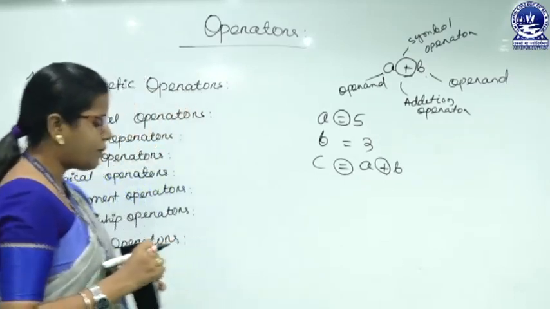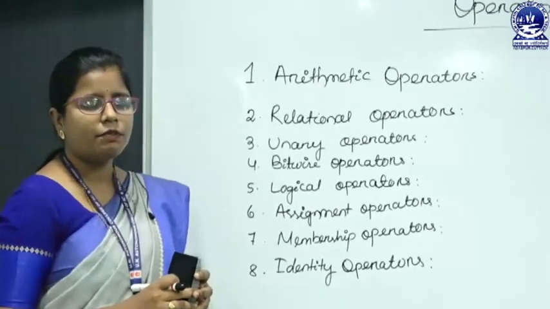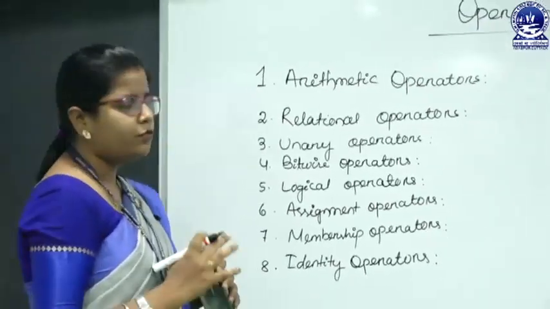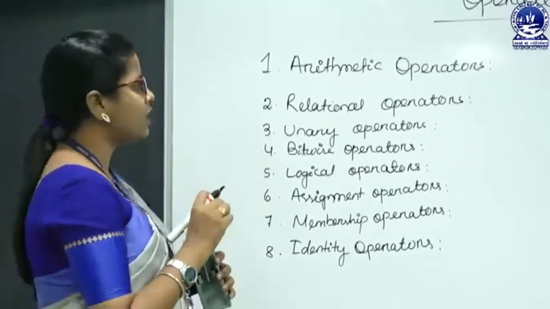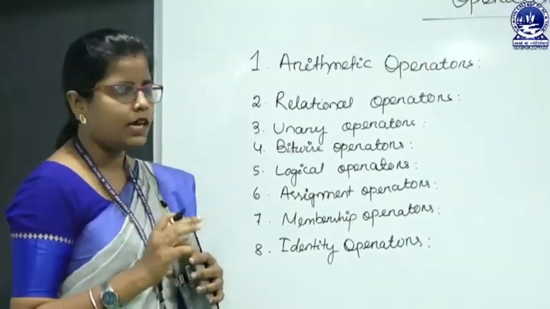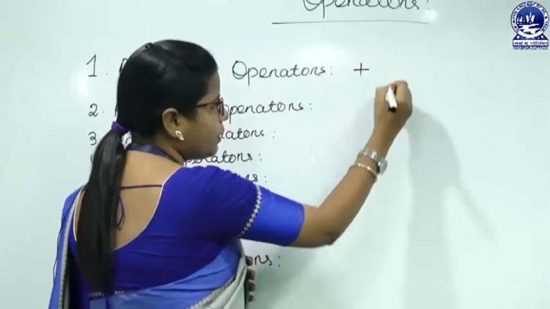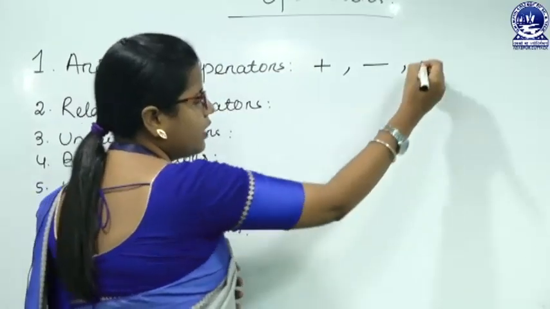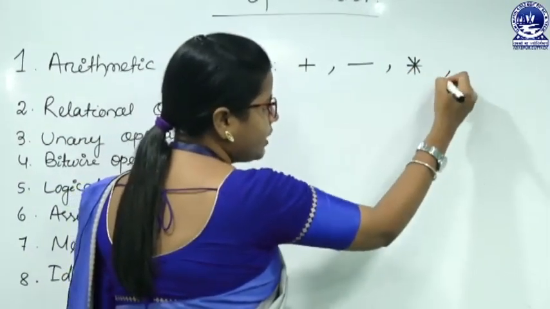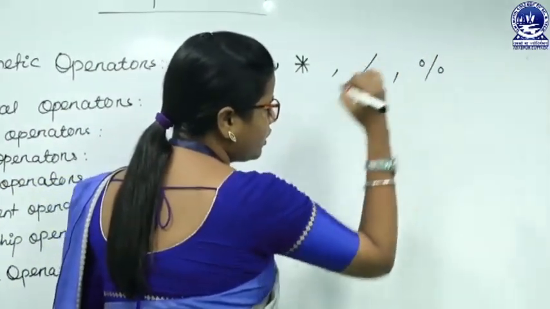So in case of Python programming language, we have 8 types of operators. The first is our arithmetic operators. Like in C, we have arithmetic operations like the addition operator, subtraction operator, multiplication operator, division operator, next is our modulus operator.